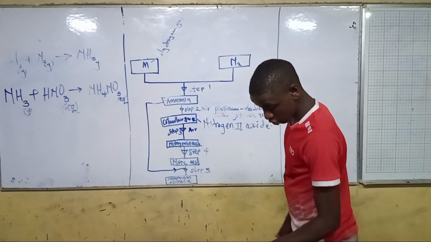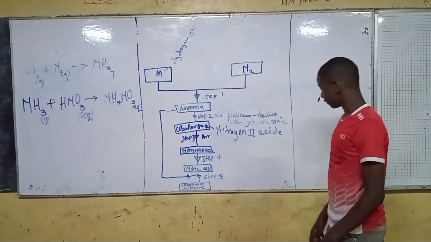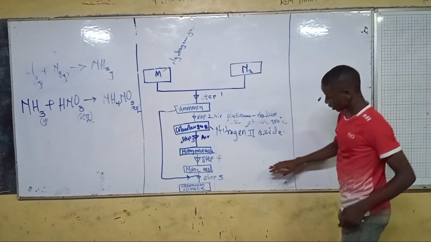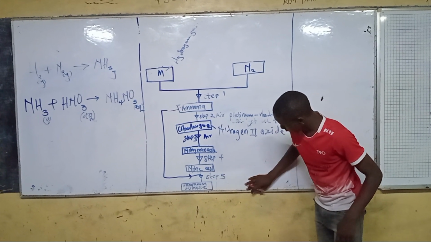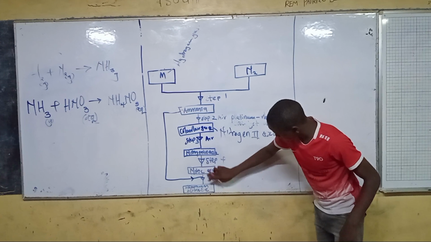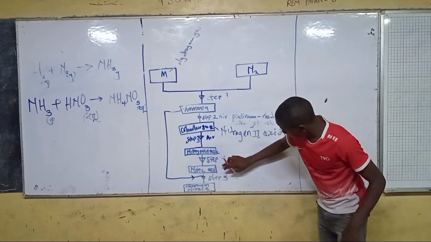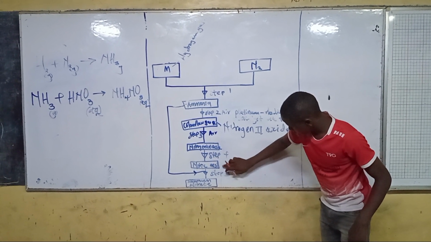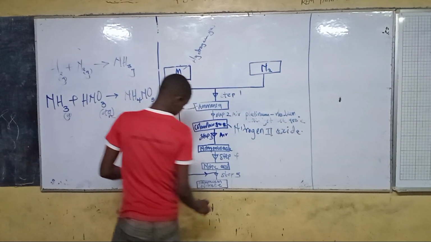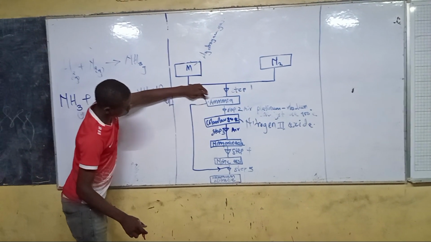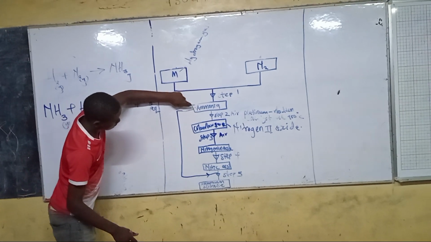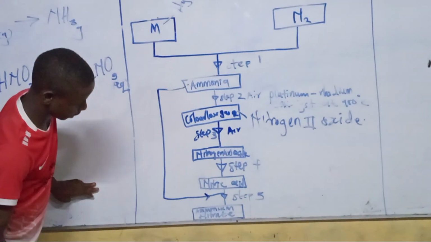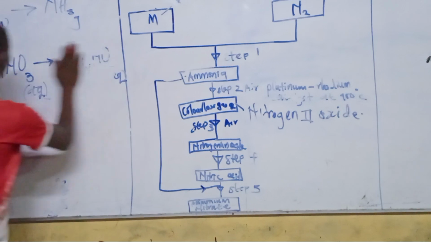Write an equation for the reaction in step 5. In step 5, you can see our step 5 is here, where we have nitric acid coming from nitrogen 4 oxide. So, you can see this arrow comes from ammonia, which means we reacted ammonia and nitric acid, as I'm going to write an equation for you.